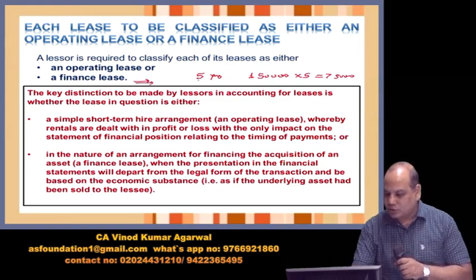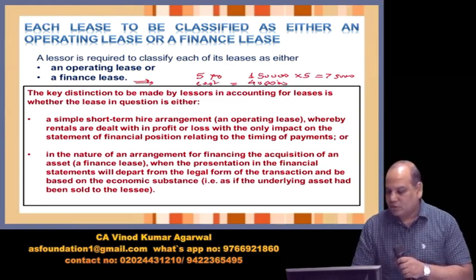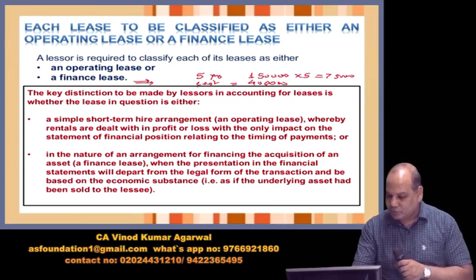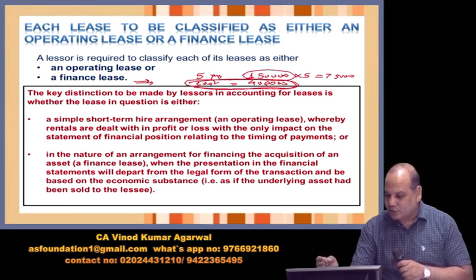For you, the cost of the car was say 4 lakh rupees only. So what you have done actually, in the second example, it is not a rental arrangement. It is like you have given a loan of only 4 lakh rupees and you are recovering it in the form of 5 installments of 1,50,000.